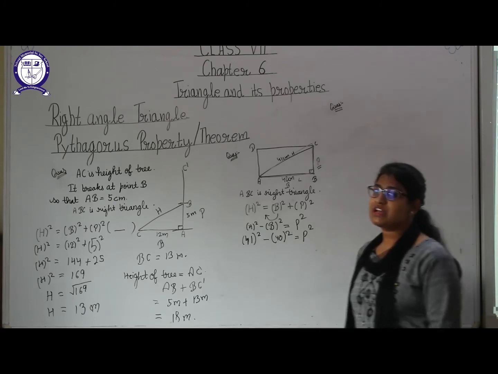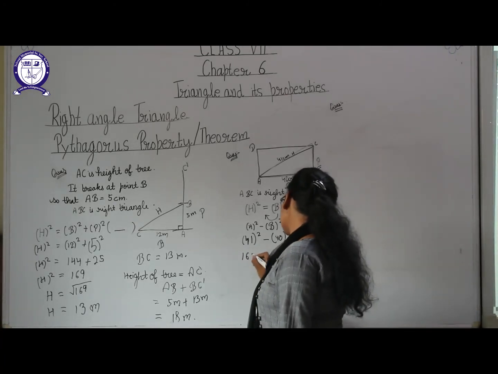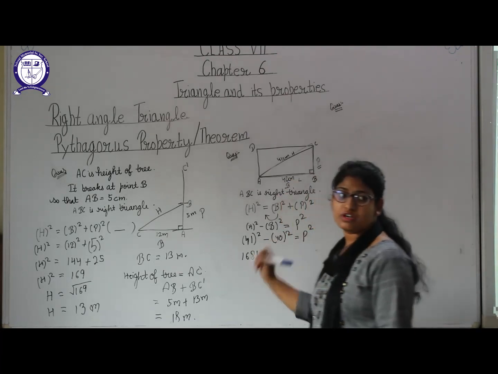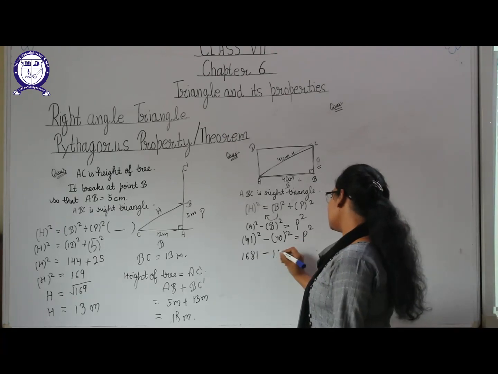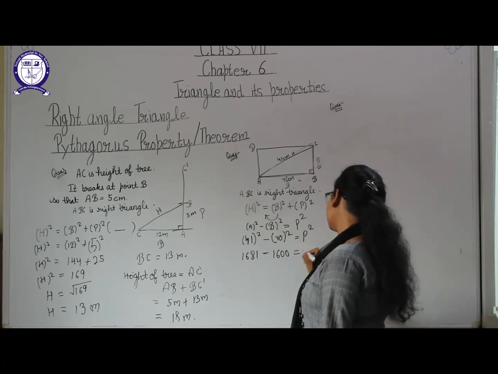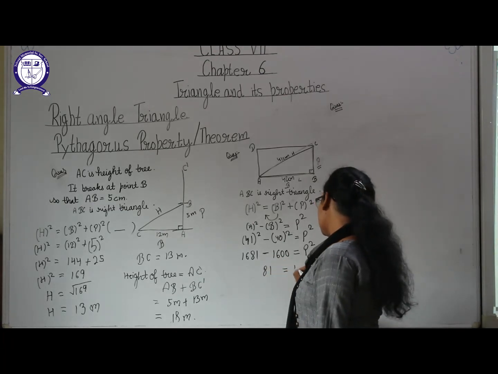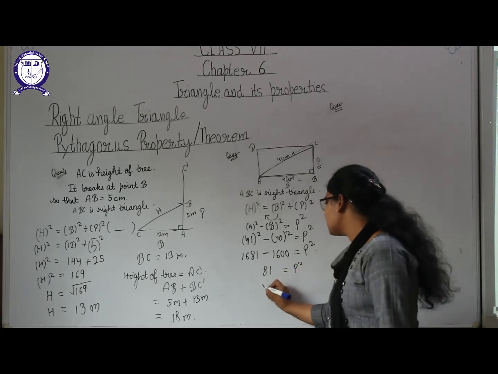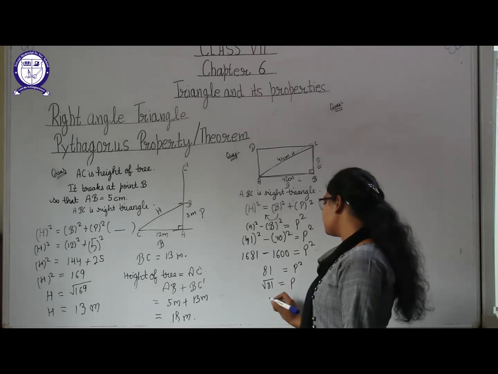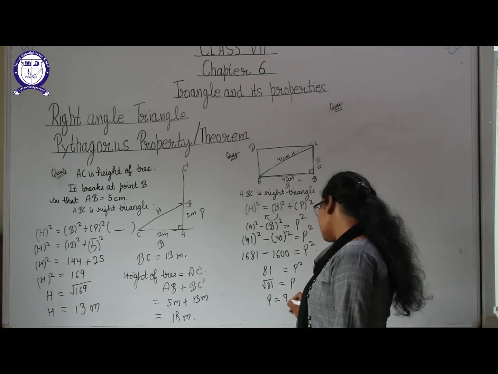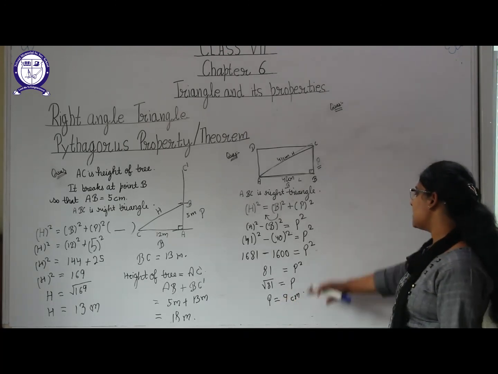Now what is the value of 41 square? 41 multiply 41 is 1681, and square of 40 is 1600. And if we subtract them, we are getting 81. Here it is square, so this side it will be root 81. And what is the answer for root 81? It is 9 centimeter. So we get this perpendicular side to be 9 centimeter.